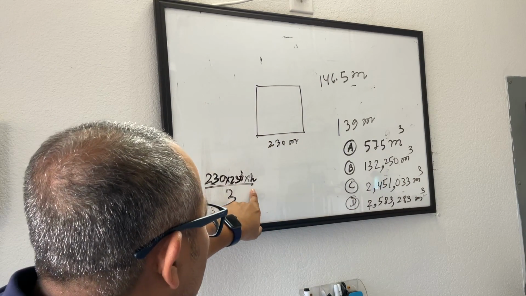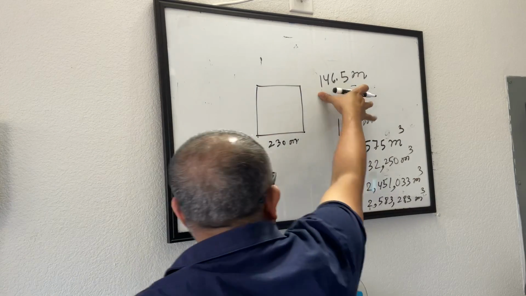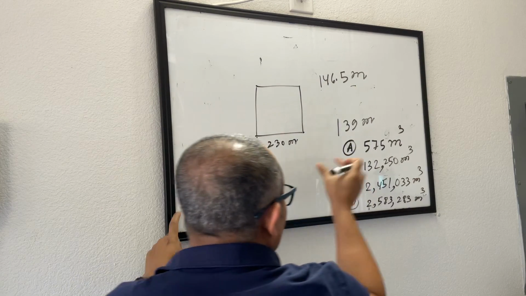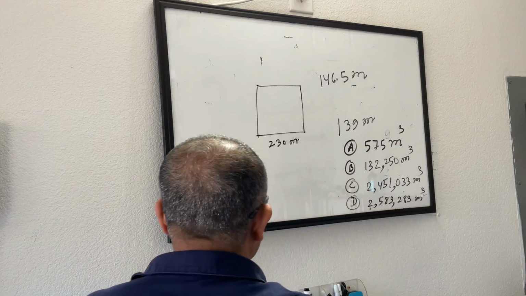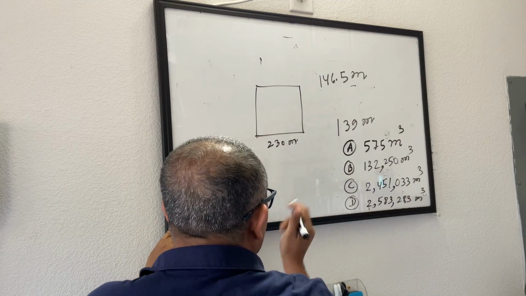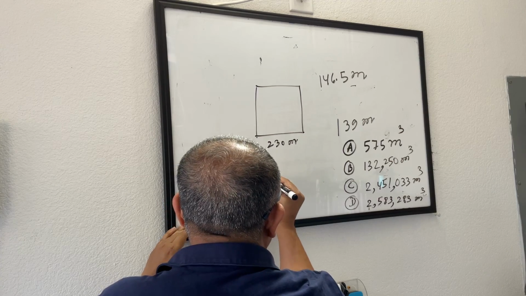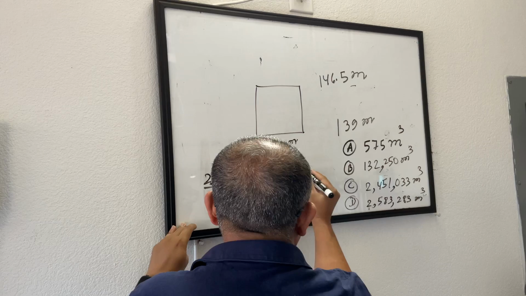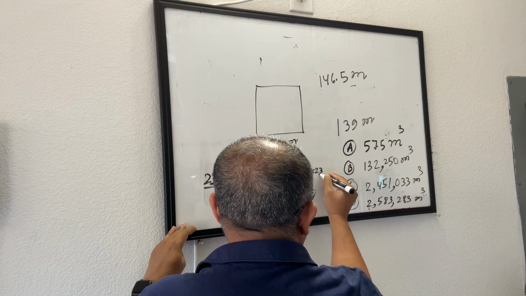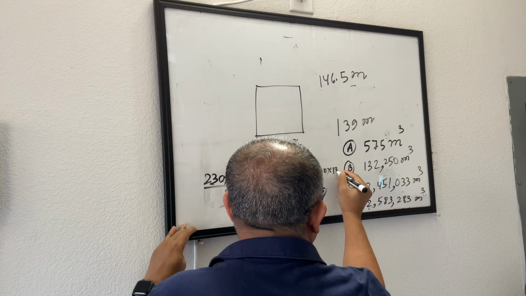With this height, I'll plug in place of h here, and we have to find the difference. So imagine a situation like this: 146.5 is the original pyramid, and this is the pyramid after erosion.